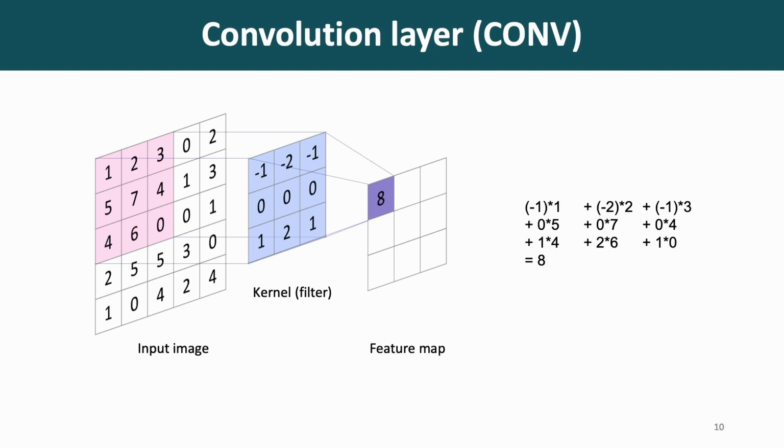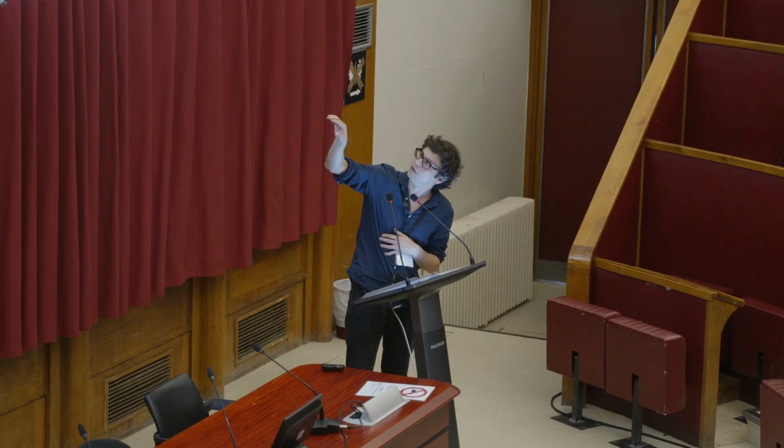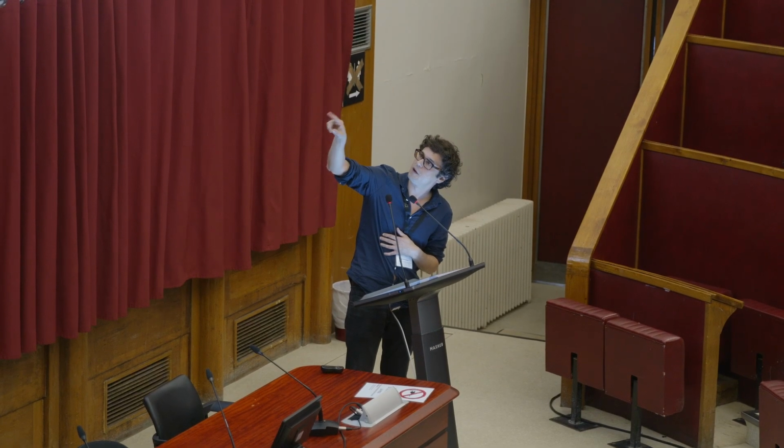So you have the input image on the left, which is a grid of numbers. And then you're going to apply a filter, and the filter is another grid of numbers. And you're just doing a very simple linear combination. So, for example, here you start with the pink image on the left, you apply the blue filter in the middle, and you do a linear combination.